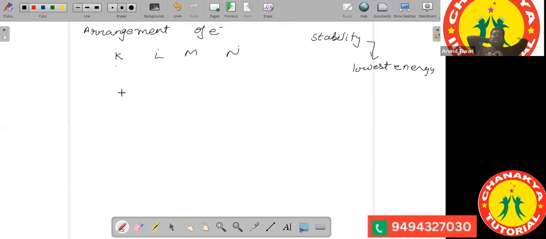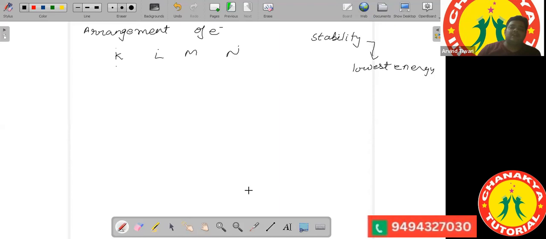K shell has less energy, and therefore K shell will be filled first. The K shell can accommodate 2 electrons.